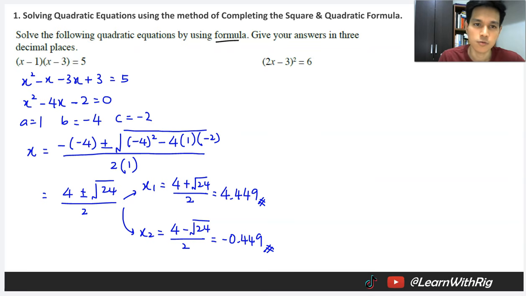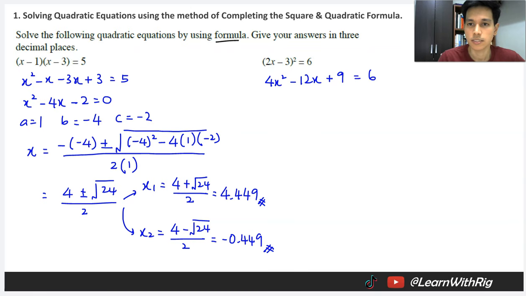So the first thing you have to do, you have to expand this to the standard form, right? The standard quadratic function form. Only then you get your value of a, value of b, and value of c. So first thing, expand. So 2x minus 3 squared, you get 4x squared minus 12x plus 9.